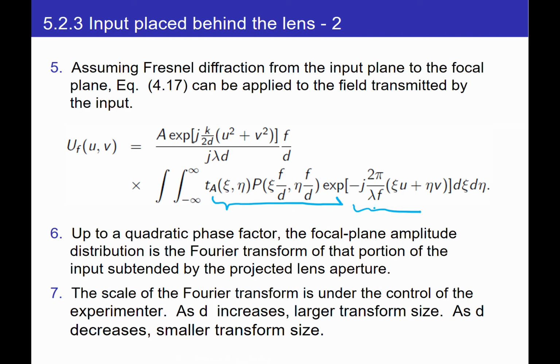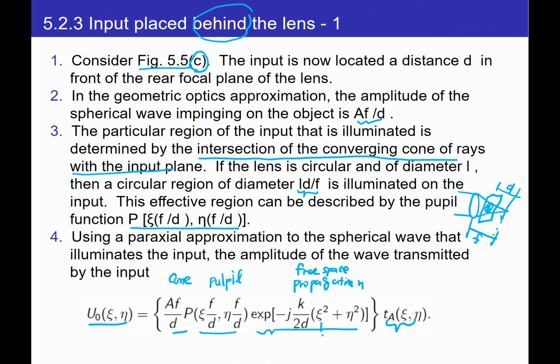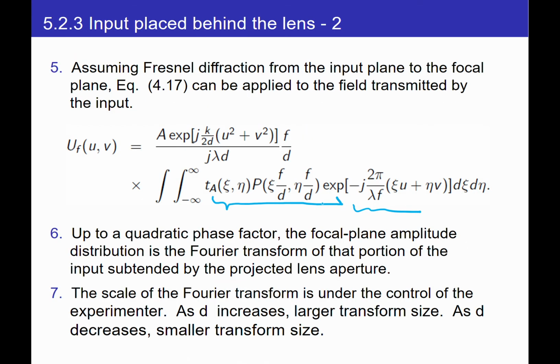So once again, note that the quadratic phase factor, the focal plane amplitude distribution, is the Fourier transformation of that portion of the input subtended by the projected lens aperture. The quadratic phase has disappeared because of this factor. This is a free space propagation, and this is minus xi squared plus eta squared, and there used to be plus xi squared plus eta squared, and it is cancelled out.